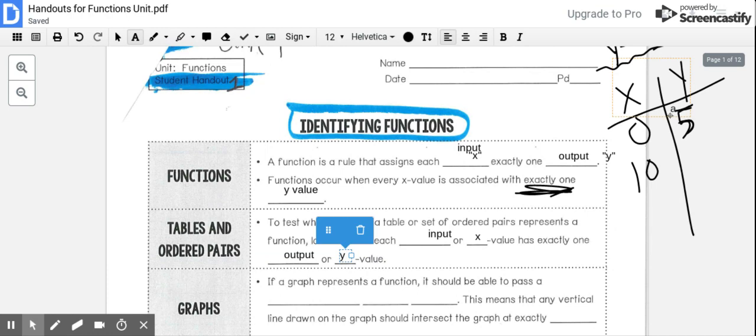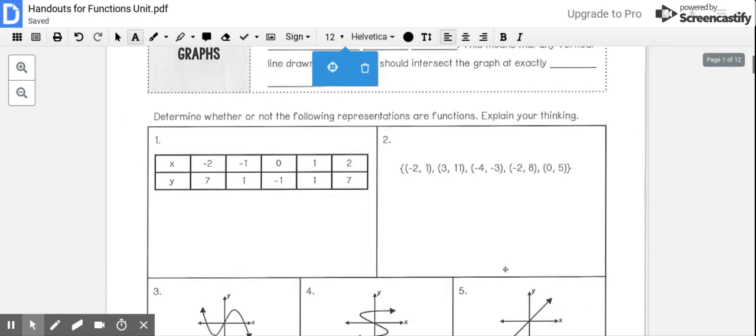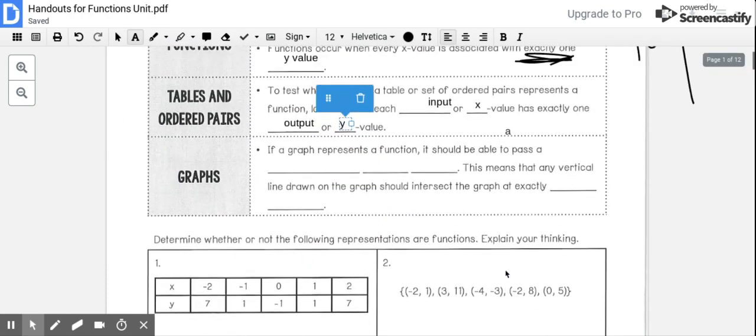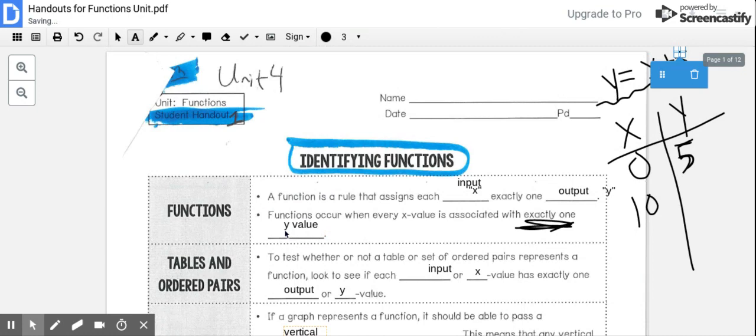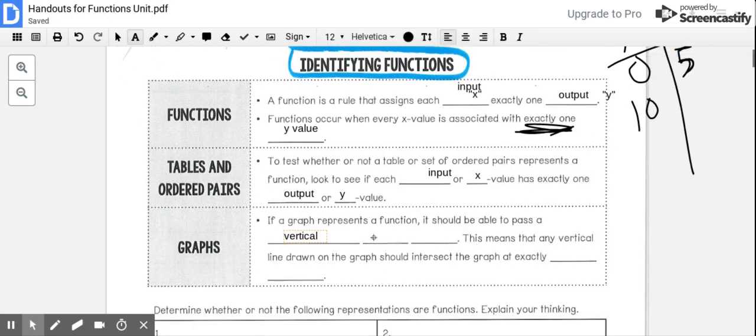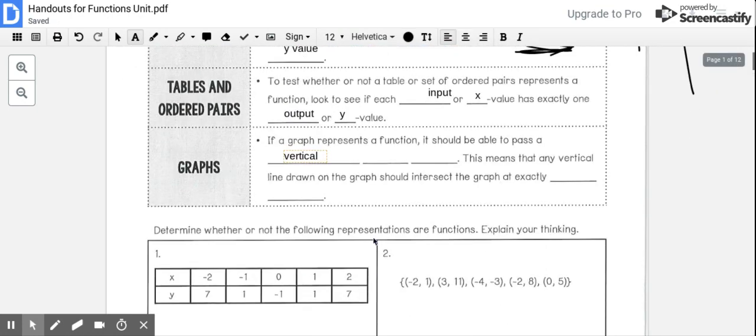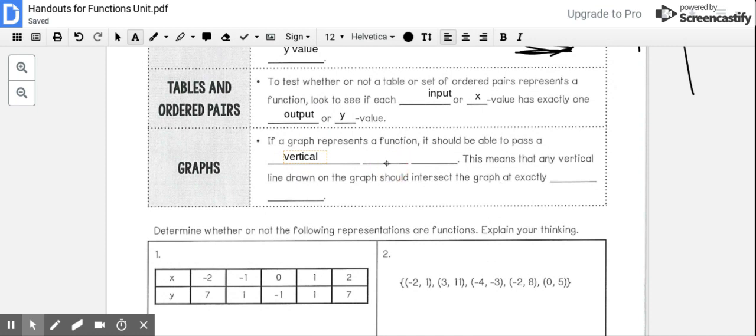So that's for a table, or if you have a set of ordered pairs, which we're going to practice down here. If you have a graph, if a graph represents a function, it should be able to pass what's called the vertical line test.